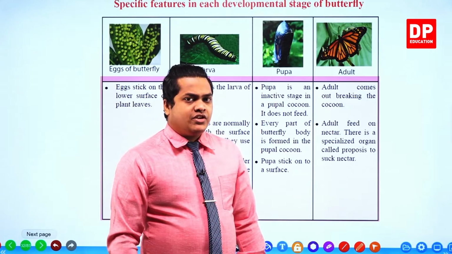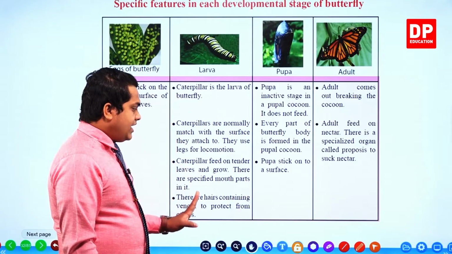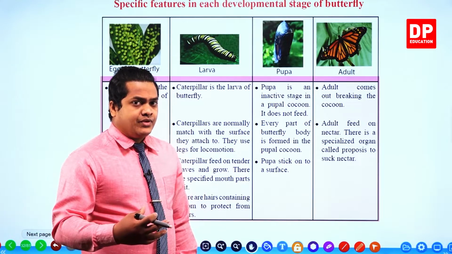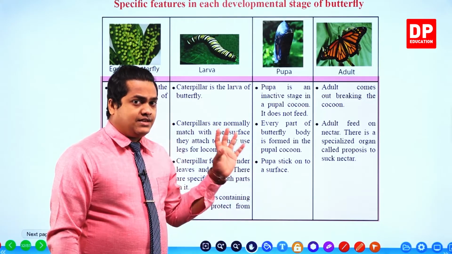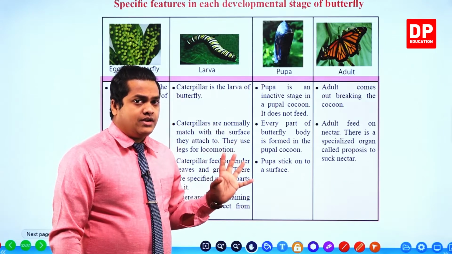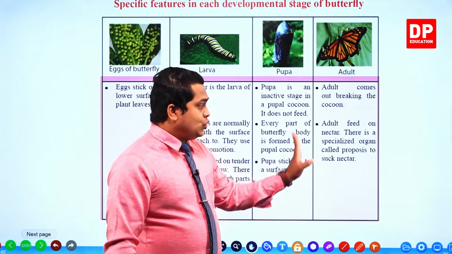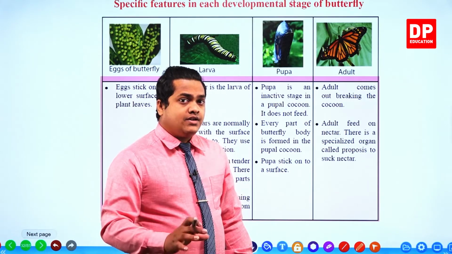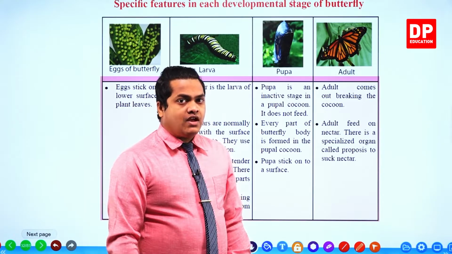However, my dear children, the caterpillar had mouth parts to eat tender leaves. As the caterpillar eats tender leaves, it had mouth parts. But those cannot be observed in the adult butterfly. It contains a proboscis to suck out nectar from flowers.